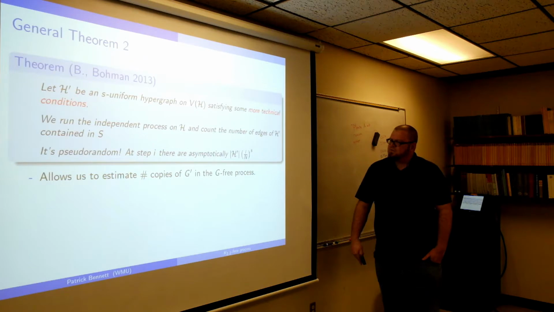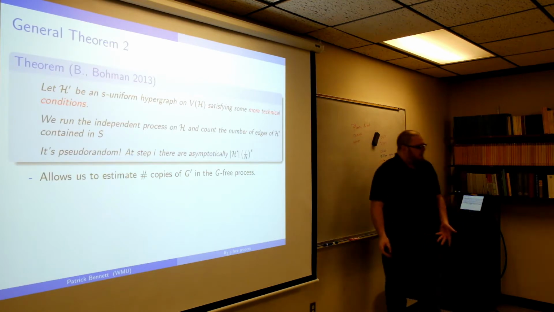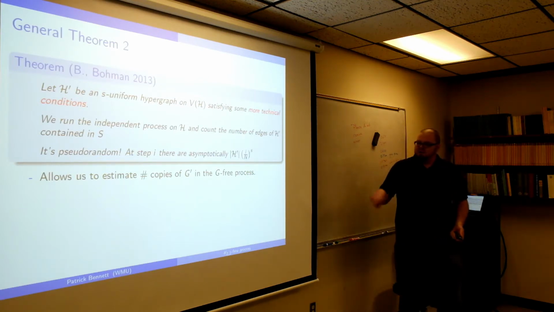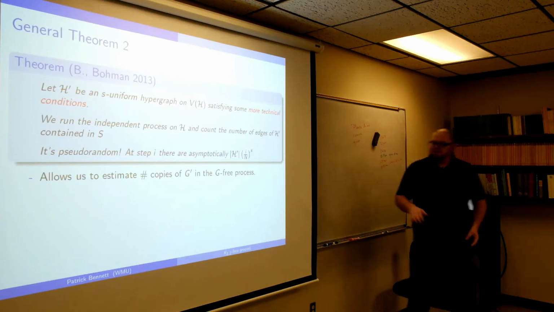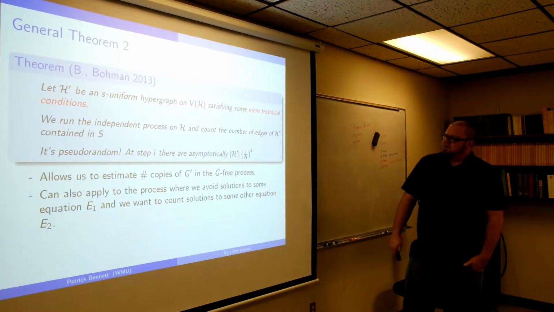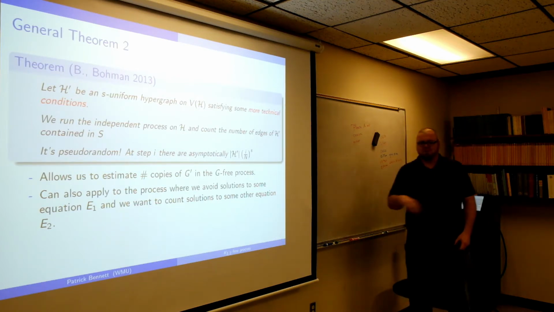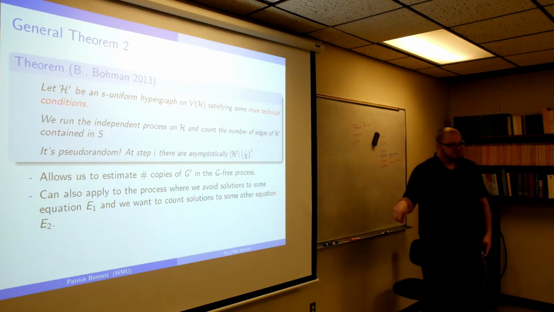So, for example, this allows us to do the following. We can run the G-free process and count how many copies of G prime there are, but Bohman and Keevash already did that part. It also applies to a process where we're choosing numbers one at a time and avoiding solutions to a certain equation.